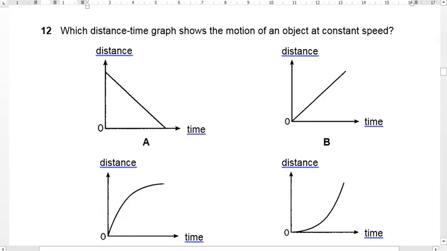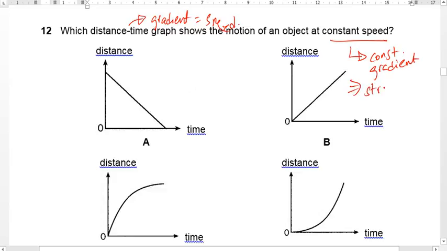Distance time graph. Constant speed. Why got two answers?